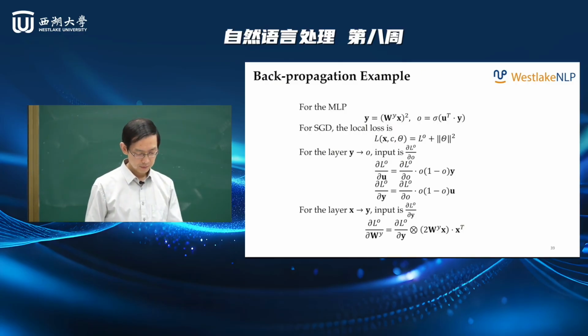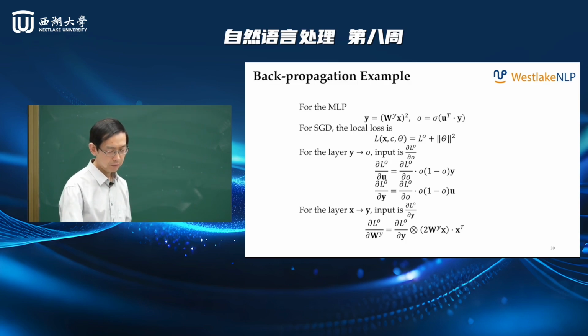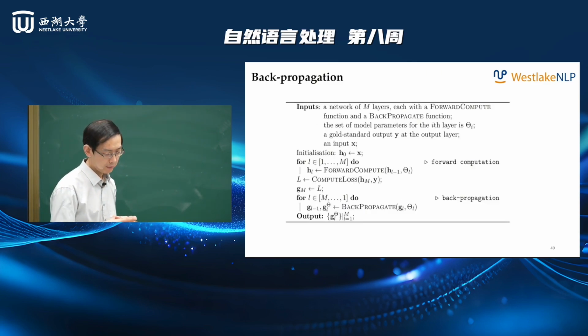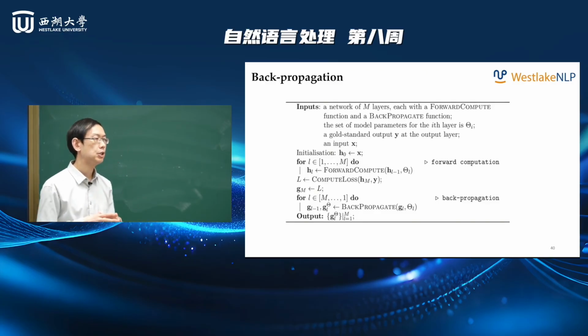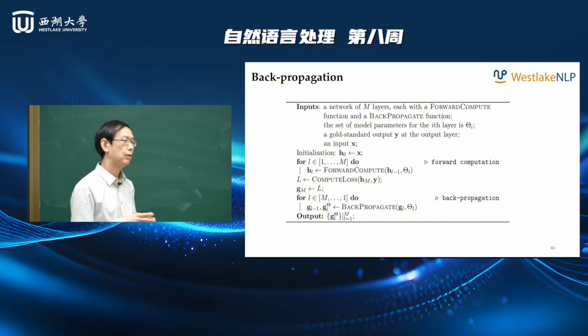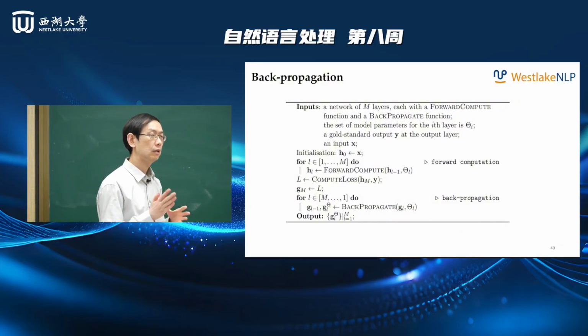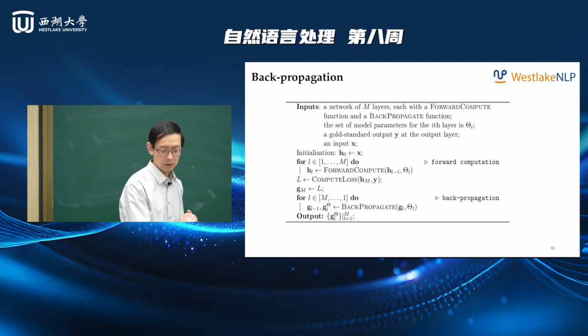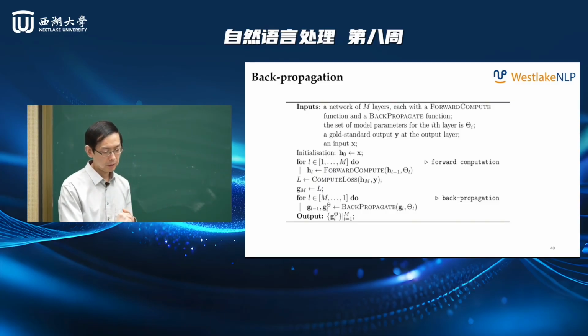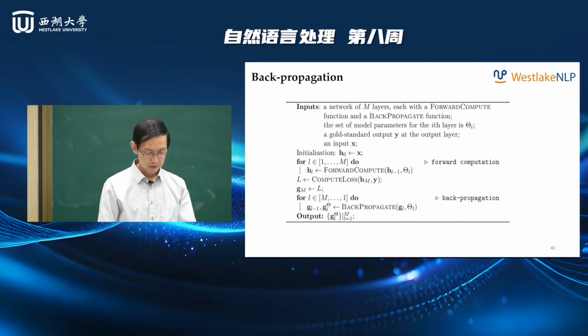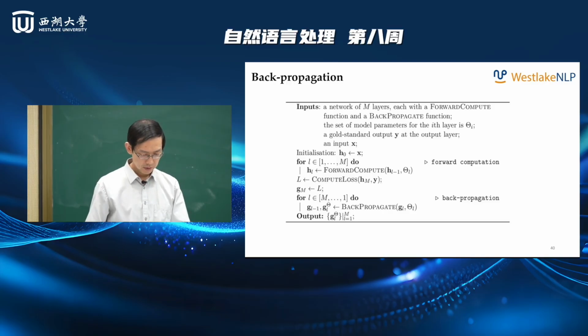All right, so we do it for every layer, and I can abstract this into an algorithm. This algorithm is called backpropagation because I propagate this gradient layer by layer. The input is a neural network and a set of data.